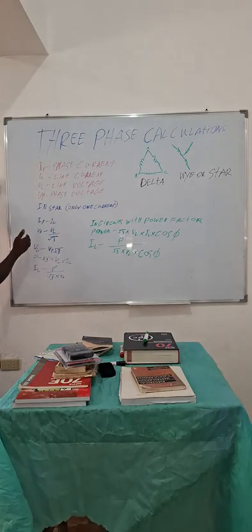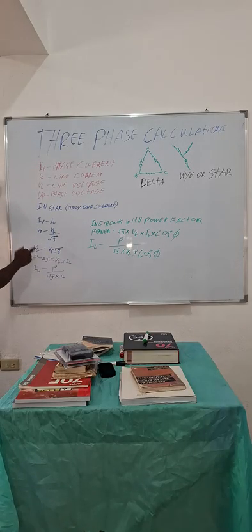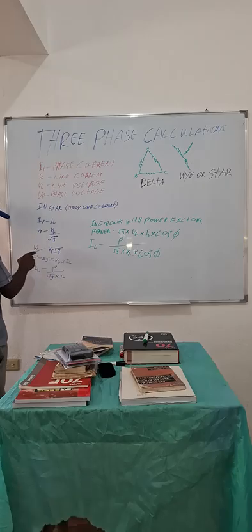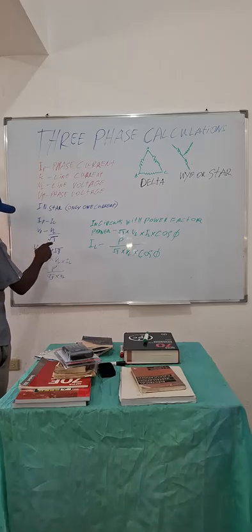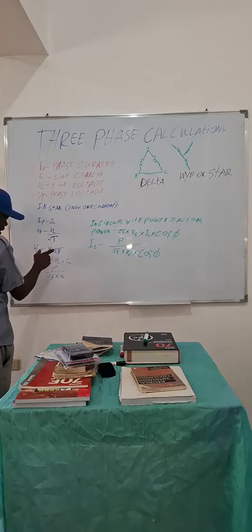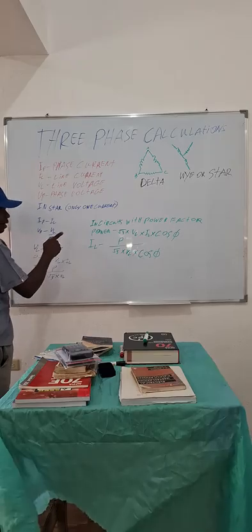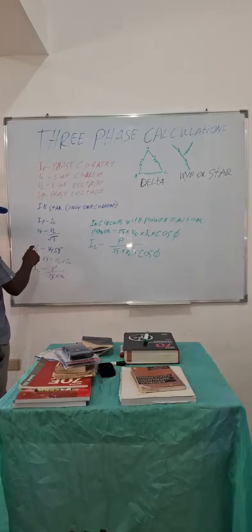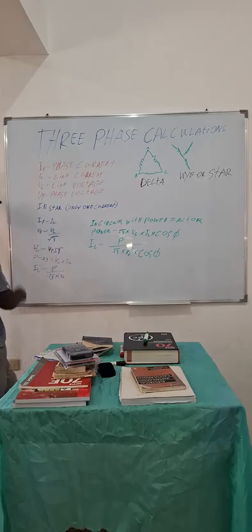Going down, line voltage equals phase voltage times the square root of 3. You get your line voltage when you are dealing with a star.